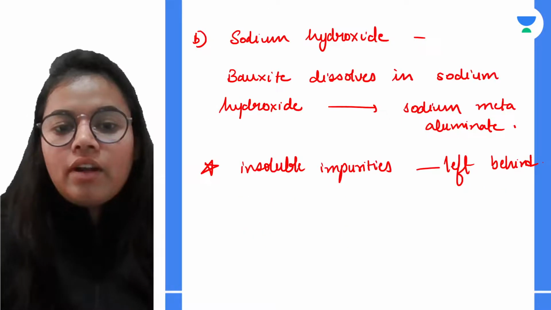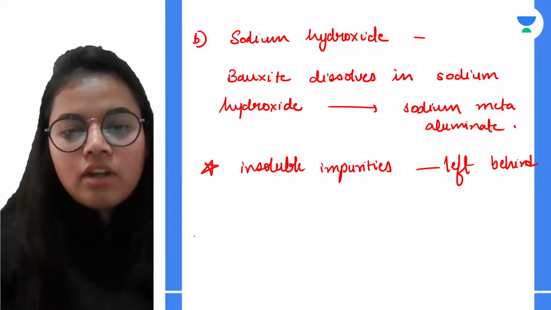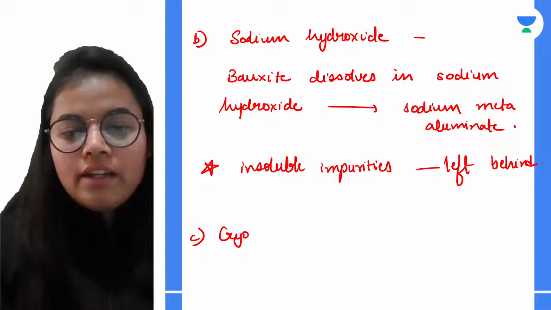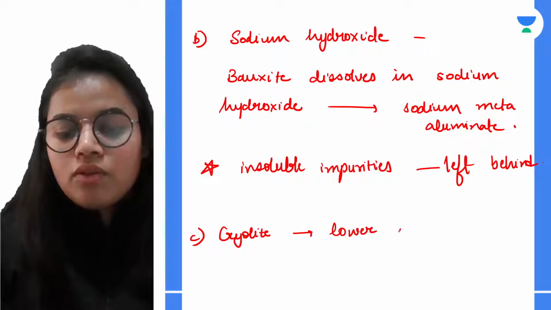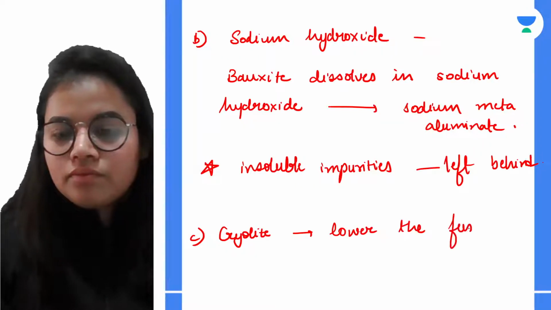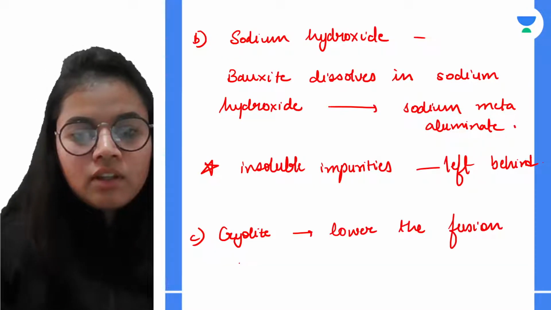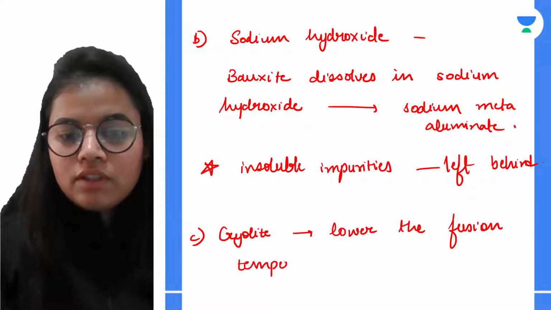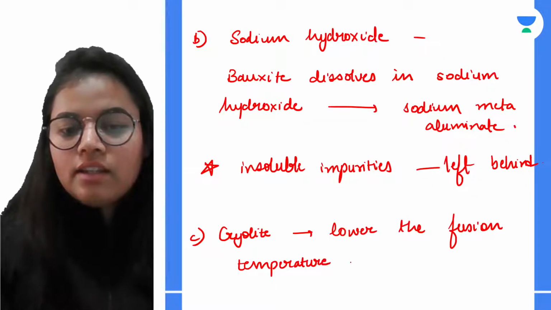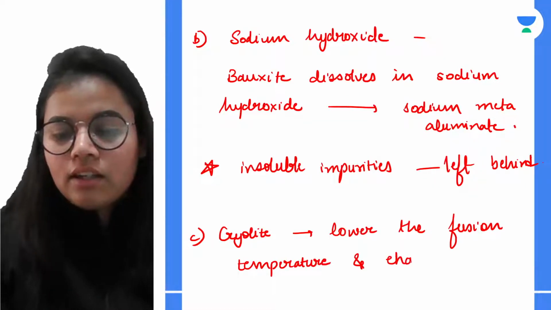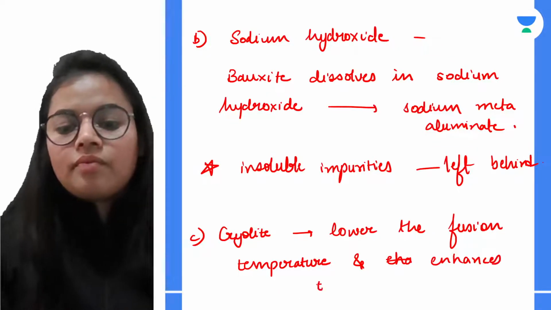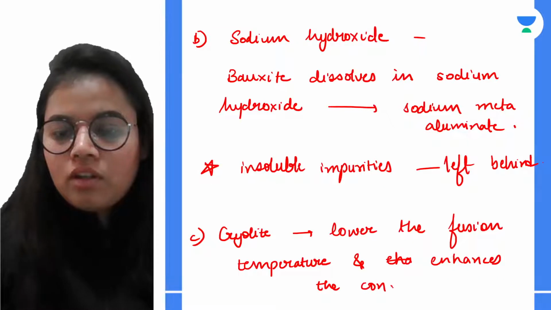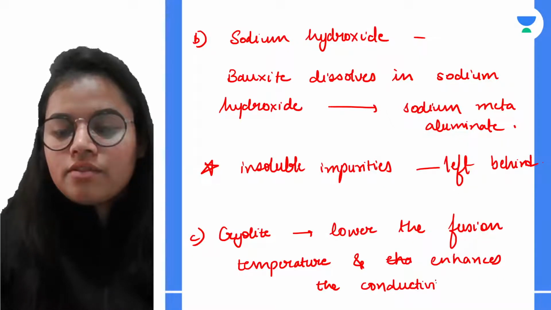Next is cryolite. As we already discussed, it is used to lower the fusion temperature. That is the very first use. And second, it enhances the conductivity for the reactions to take place.